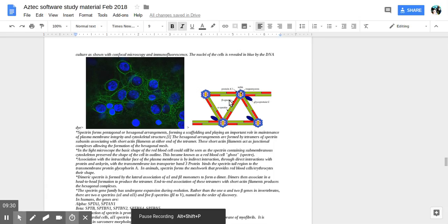And then here we have a diagram. It says beta spectrin, alpha spectrin, actin. It's also showing glycoprotein, tropomyosin. Spectrin is shown here.